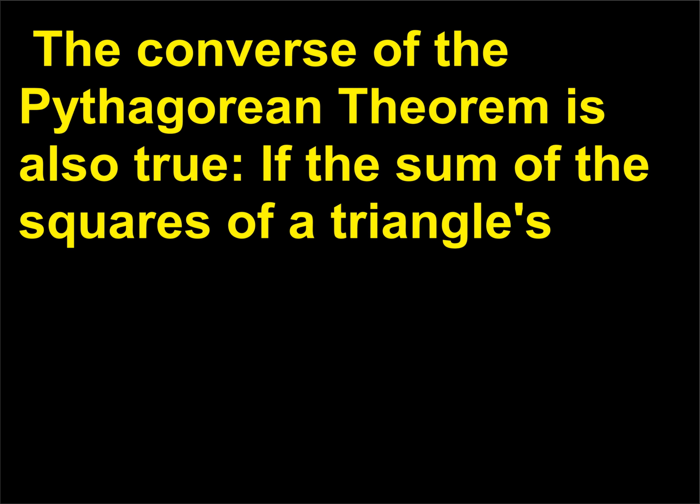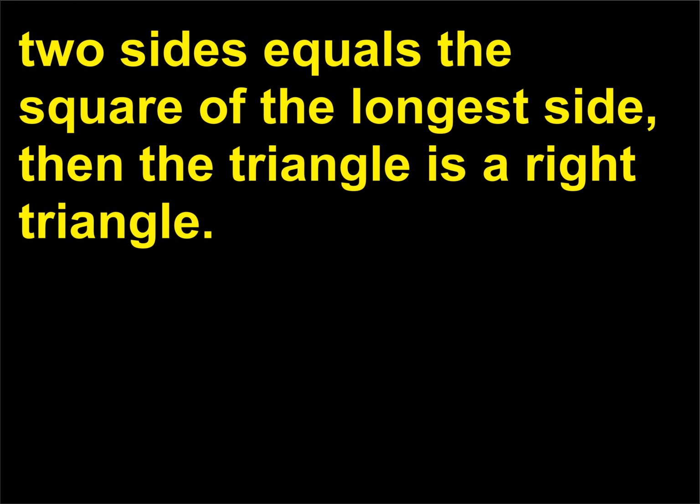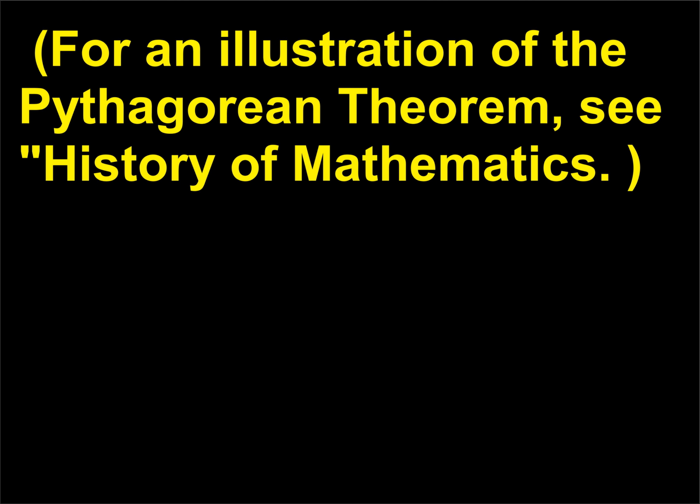The converse of the Pythagorean theorem is also true: if the sum of the squares of a triangle's two sides equals the square of the longest side, then the triangle is a right triangle. For an illustration of the Pythagorean theorem, see History of Mathematics.